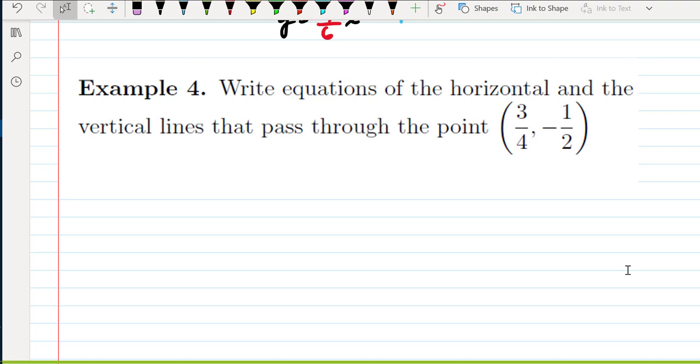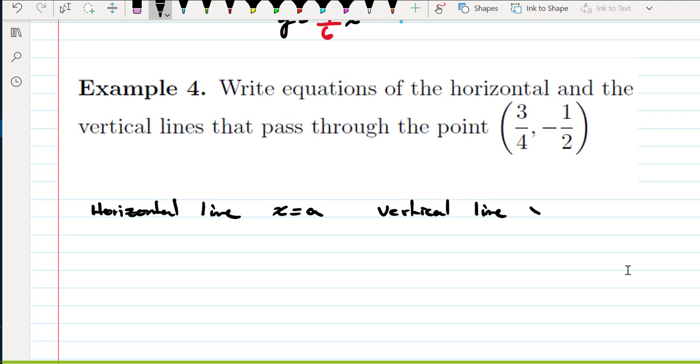So thinking back to our last section in Chapter 1, Section 3, we had 2 observations. For our horizontal line, x is equal to a, and our vertical line was y is equal to b.